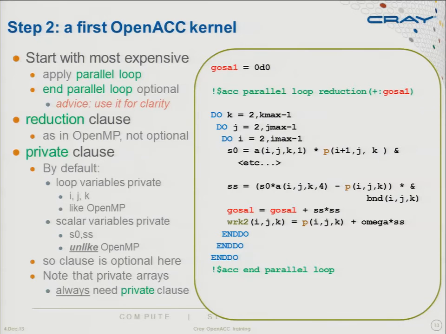But you do need to say, this variable is going to have contributions from everybody, so you should make sure they're all handled correctly and you don't lose any. If you didn't say this was a reduction variable, you would end up with wrong answers because it wouldn't put these special guards in to make sure that you didn't overwrite values.